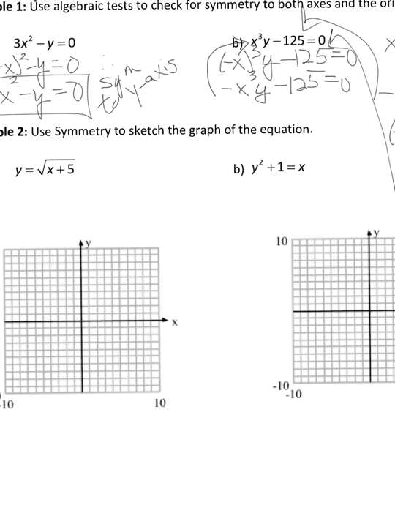One way we can do this is produce an input-output table. We could also use our transformation rules. If we do produce an input-output table, I'll go ahead and go through that. So the first x value that would produce 0, this is how I like going about root functions or root equations.